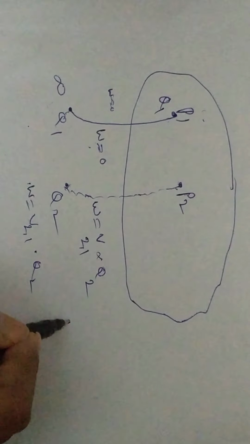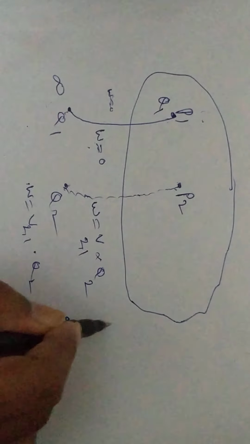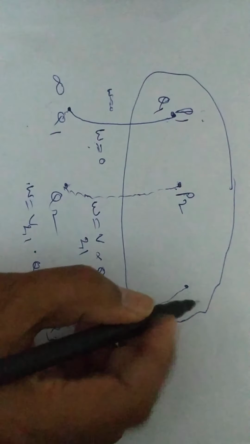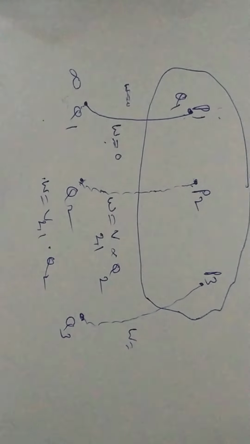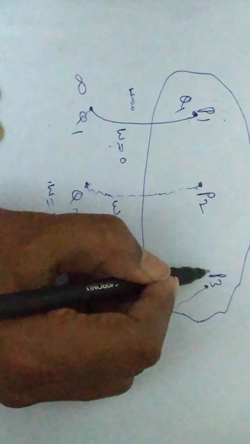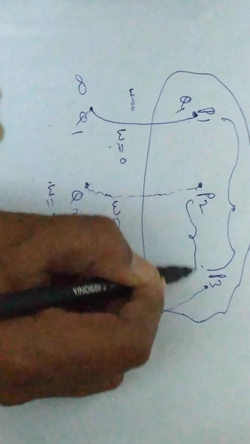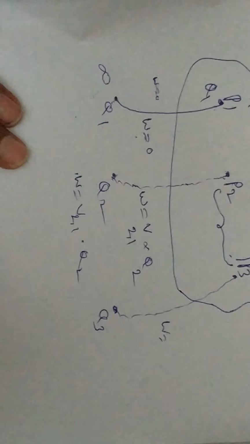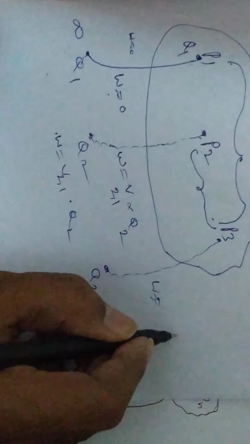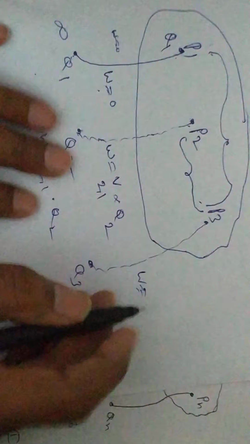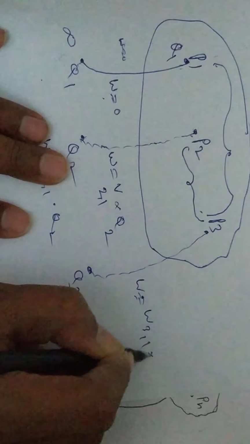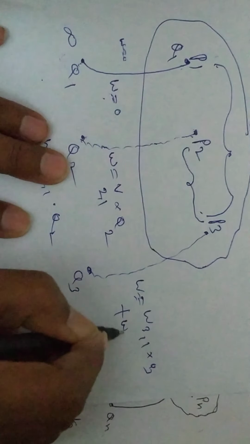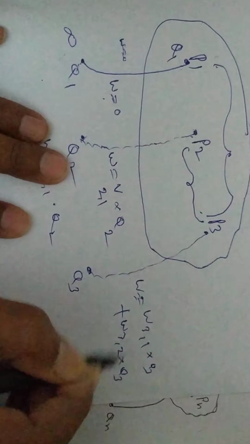Now like this, consider one more charge, say it is Q3. If it is moved to here in this space, say that is P3, then work done W is equal to the potential difference between these 2 points, and the potential difference between these 2 points also to be considered. So work done is equal to V31 into Q3 plus V32 into Q3.